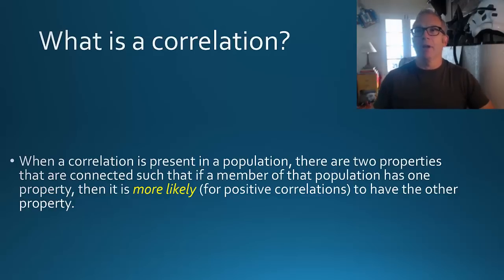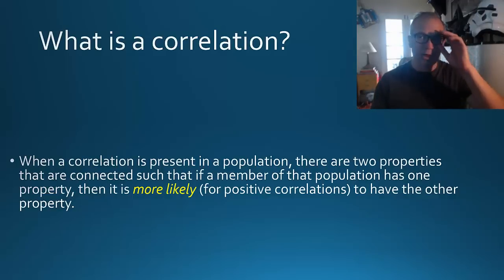You've got a population: humans, trees, squirrels, whatever. And we identify or find some property in that population. So among Americans, there's a rate of them that have diabetes, for instance. I don't know what that rate is, it's some percentage.